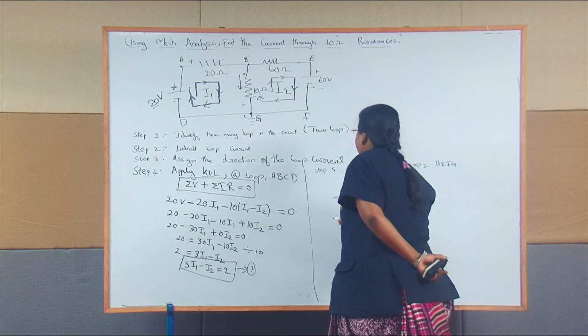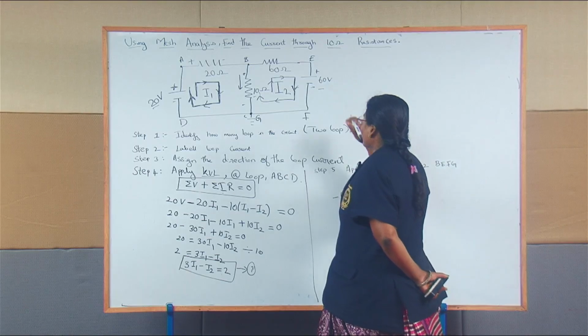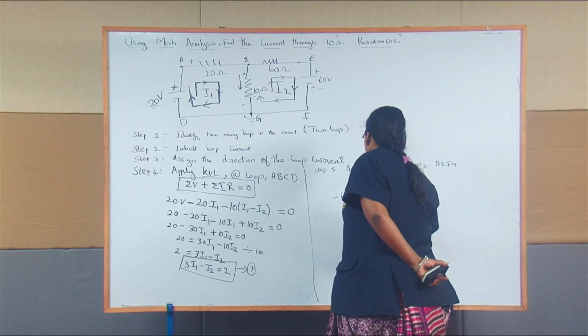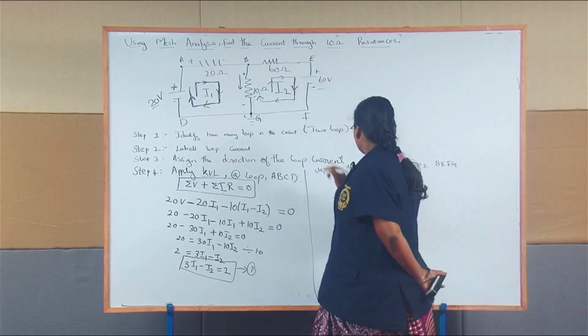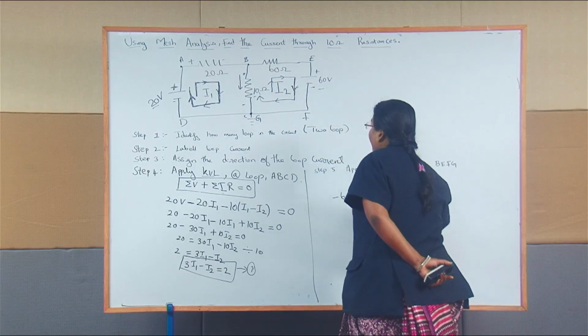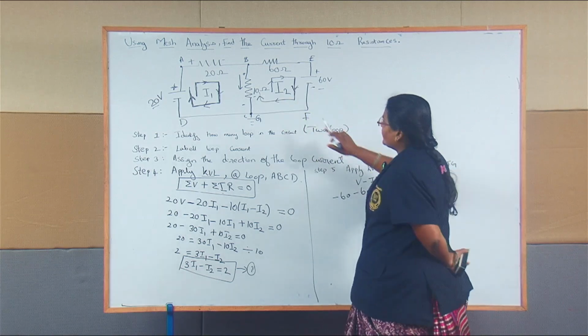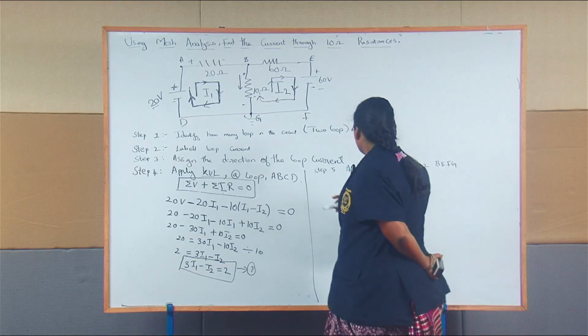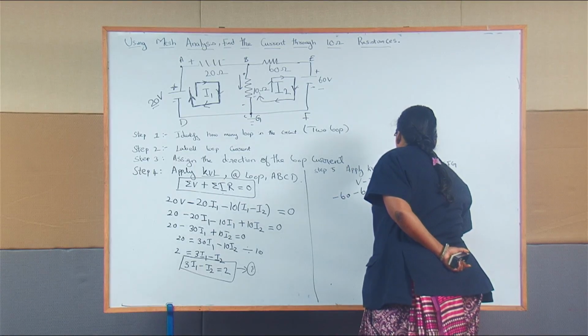So minus 60. We are going to write for this loop: minus 60 I2. Then this 10 ohm resistor is also present in I2, so you have to write minus 10.